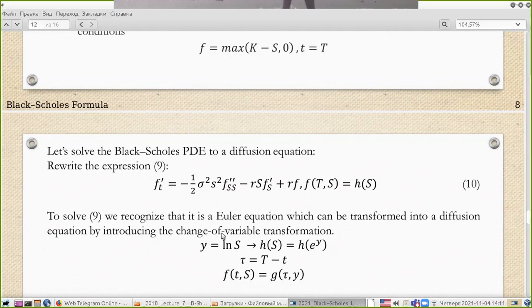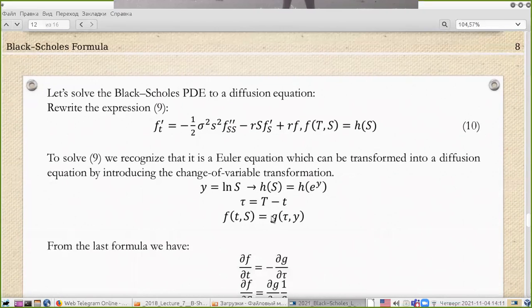To solve 9, we recognize that it is an Euler equation, which can be transformed into a diffusion equation, and for this we introduce a change of variable transformation. It means that we denote y as logarithm of s. So h from s is h from e to the power y.